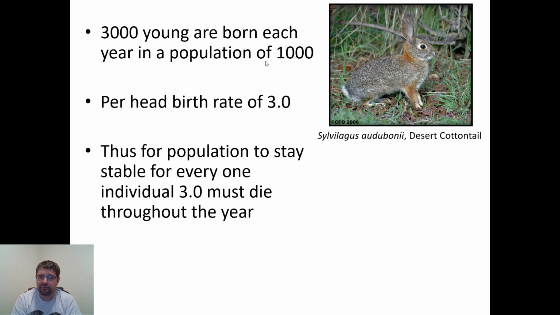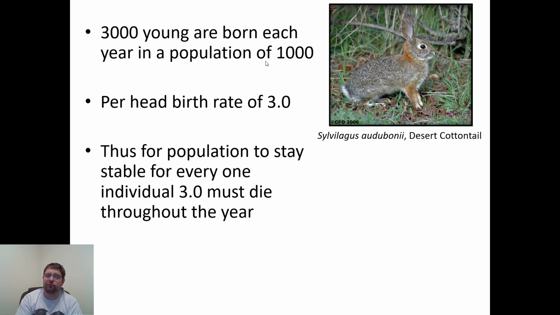Now, if your death rate is not 3 per 1, but it's 2.7 per 1, 2.5 per 1, okay, then your population is increasing. You have more births than you have deaths. Okay? It could be vice versa. Maybe it's 4 to 1. Then your population is decreasing, and you have more deaths than you do births.